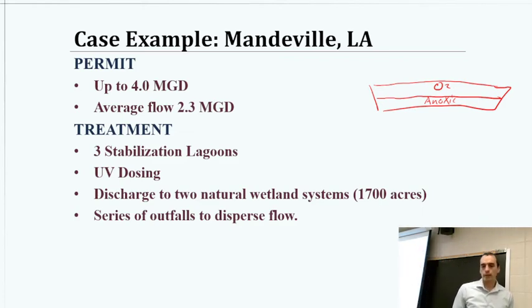So it's an interesting system in that, if you were to just think about taking the 3 wastewater stabilization lagoons and then discharge straight into Lake Pontchartrain, maybe you could get a permit for that, and maybe that's sufficient treatment, or maybe you need slightly better treatment than just that. So if you then consider taking the wetland system and discharging to that, then look at the effluent as it's reaching Lake Pontchartrain.